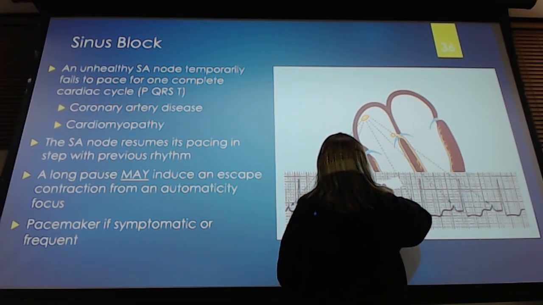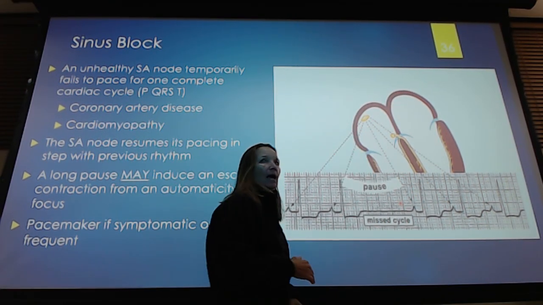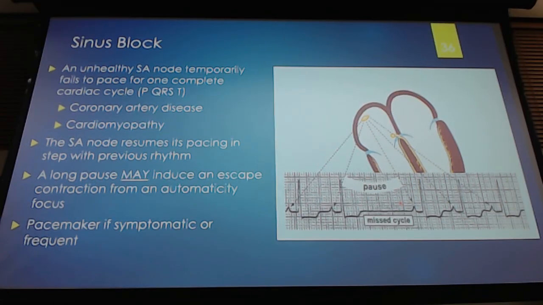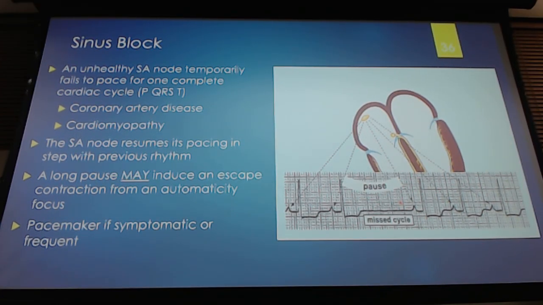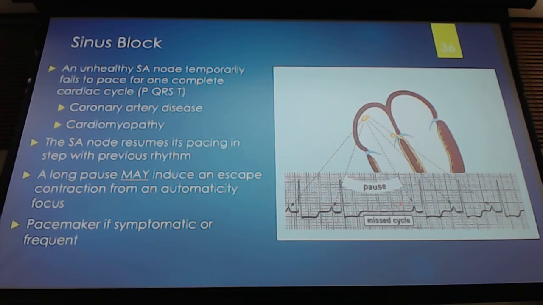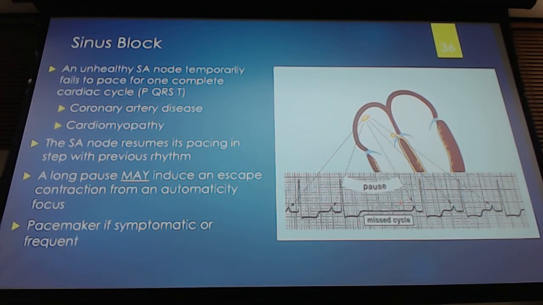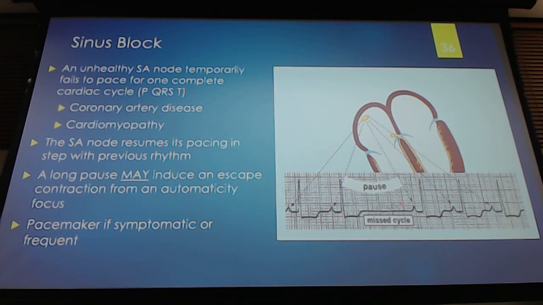I missed that one, but this marches out exactly, so that miss halfway between, that next beat is exactly on point. If it's escape, we're just a little bit later than what we're supposed to be. This is like, I missed the entire cycle, and when I march this out, my next one marches out exactly.